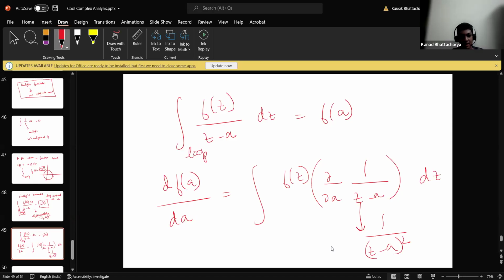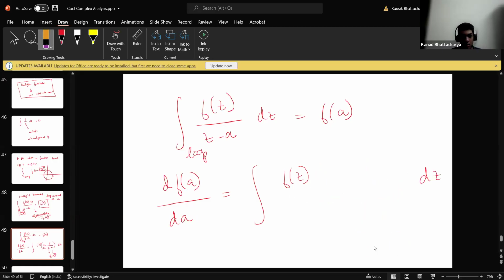So what you basically get, just to clean things up, is that we can express the derivative of the function in terms of the integral of a function because of this really nice analytic property of it.